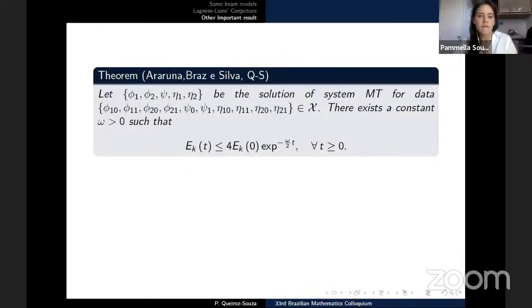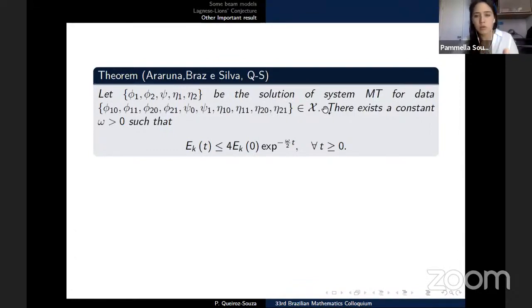And we have this theorem, which means: let phi1, phi2, psi, eta 1 and eta 2 be a solution of the Mindlin-Timoshenko system, with initial data in an appropriate space.